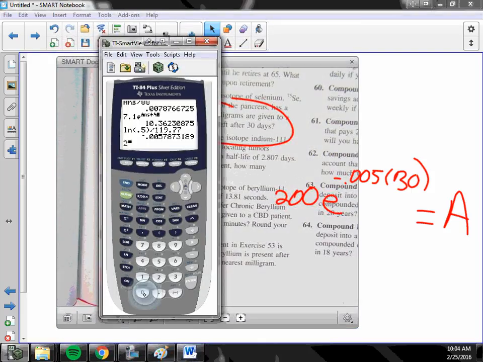So 200 times e, nope, wrong button. 200 e, and second answer is always a good idea here, times 30, 168. Is that not what you got, Maddie?